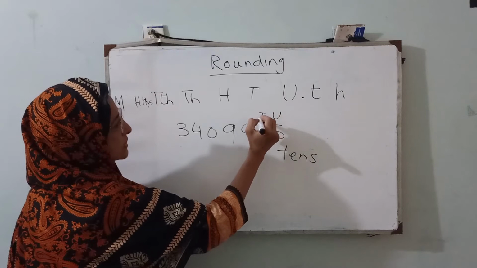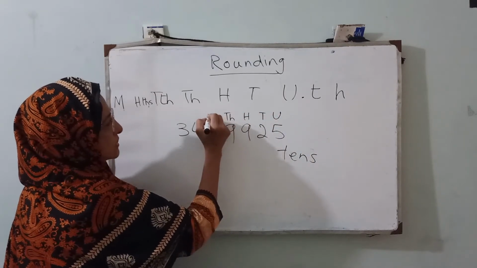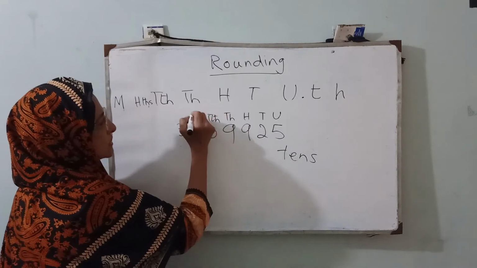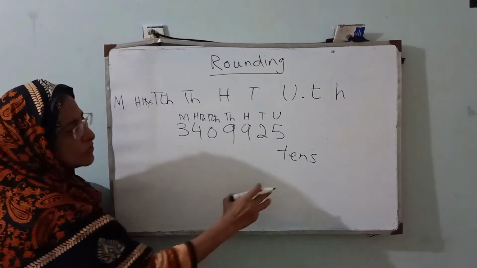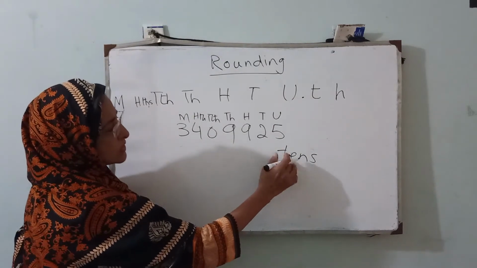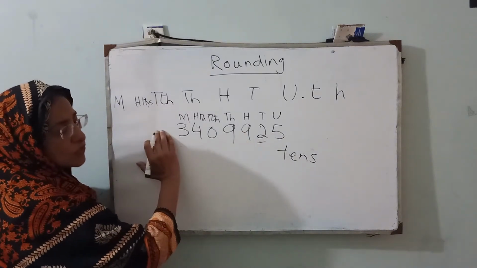This is units, this is tens, this is 100, this is 1000, this is 10,000, this is 100,000, and this is million. I want to round the number to the nearest 10, so I am going to underline this 2 and leave the rest of the number.